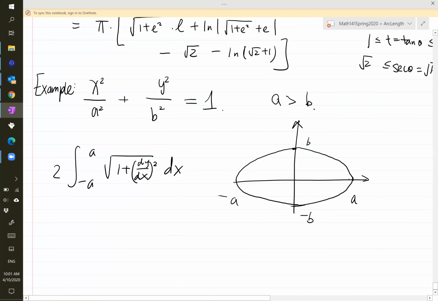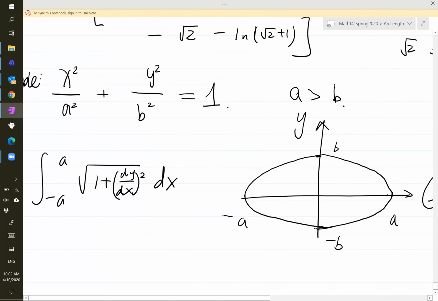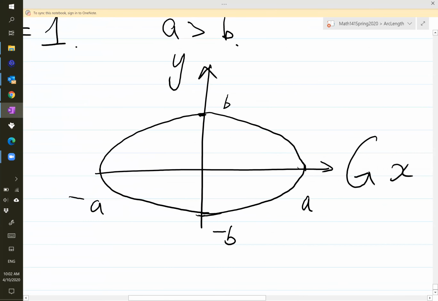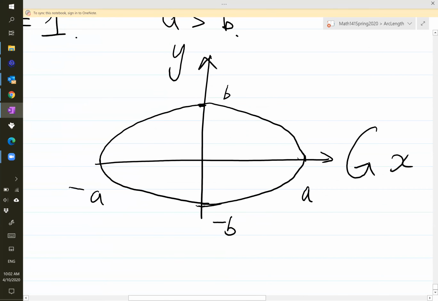Okay, so this is the arc length. Now here we rotate with respect to the x-axis. So this is x, this is y. We rotate the thing with respect to the x-axis. What we get is called an ellipsoid.